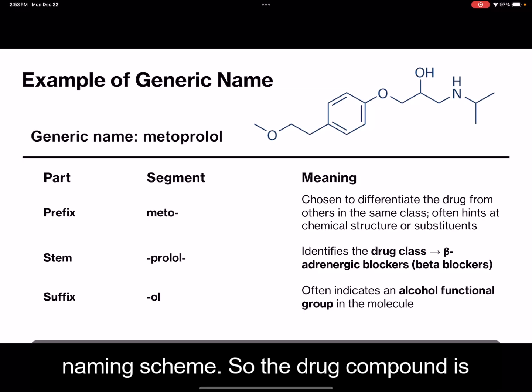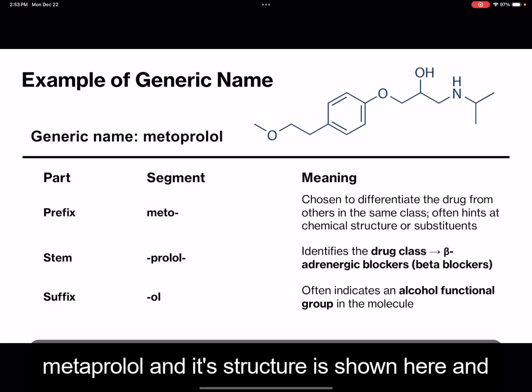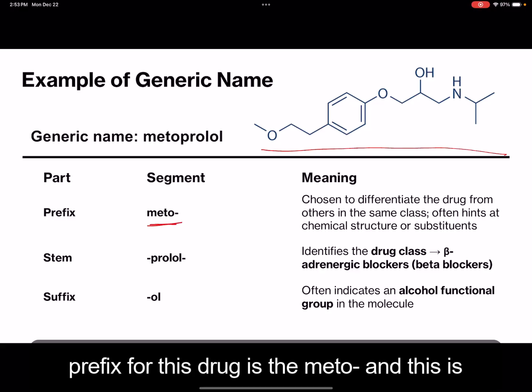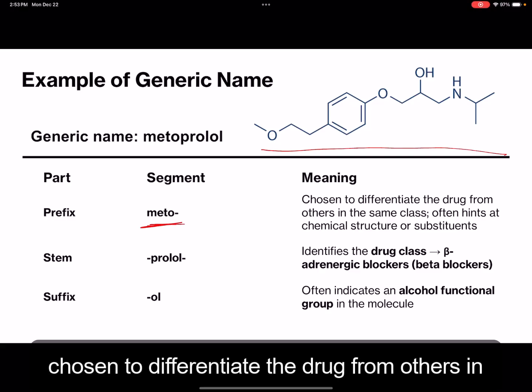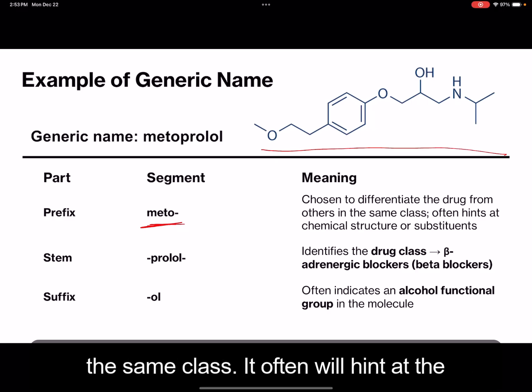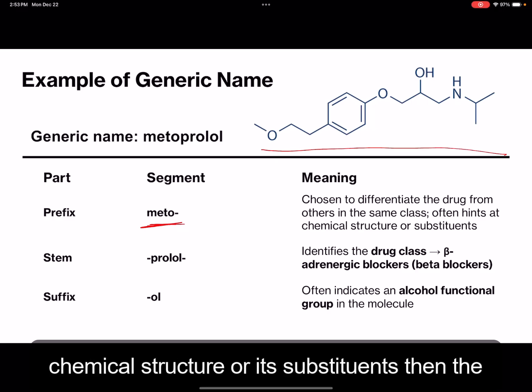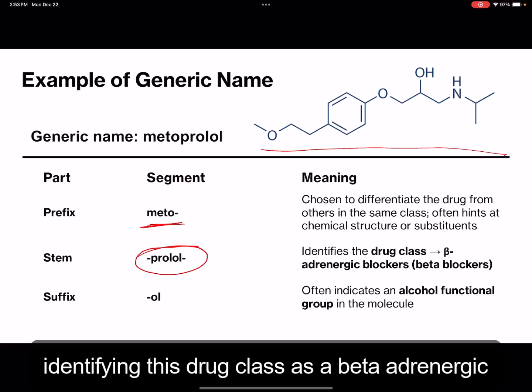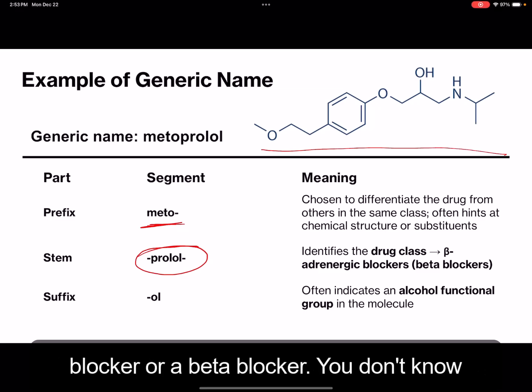Okay, so this is an example of a generic naming scheme. The drug compound is metoprolol, and its structure is shown here. You can see the breakdown of this: the prefix for this drug is the meto, and this is chosen to differentiate the drug from others in the same class. It often will hint at the chemical structure or its substituents, and then the prolol in this case is the stem, and this is identifying this drug class as a beta adrenergic blocker or a beta blocker.